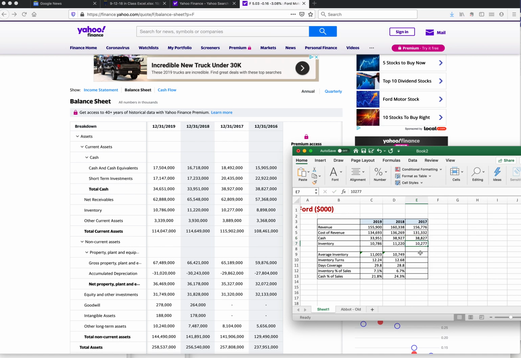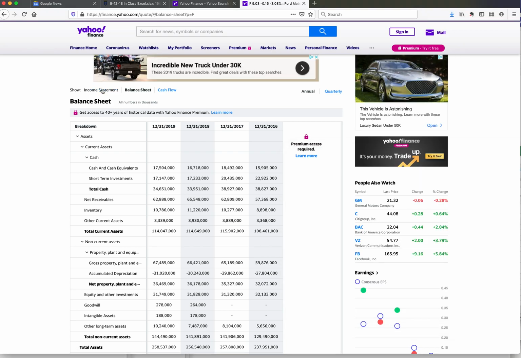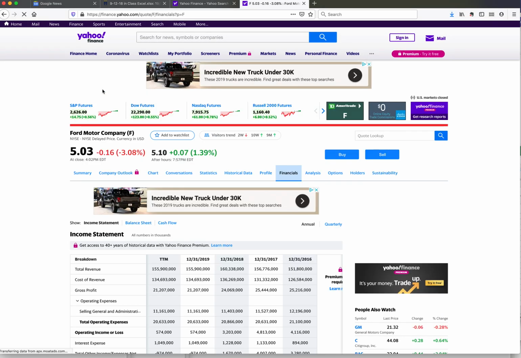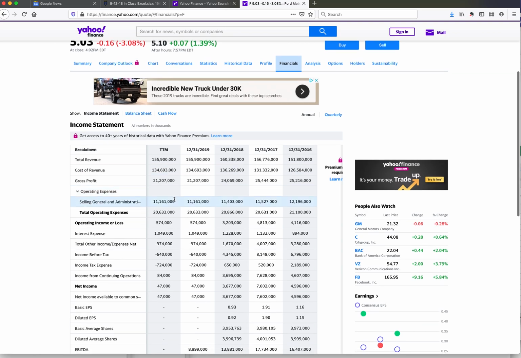So if we look at here, inventory turns are 12. That seems low. I think it used to be 17. Let's go back over here and look at the income statement again.